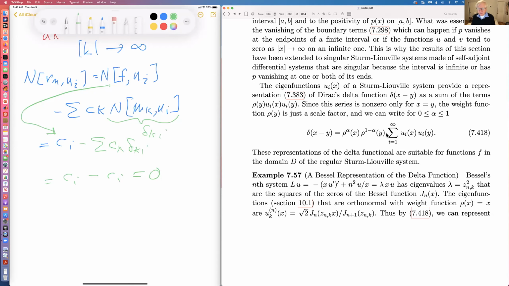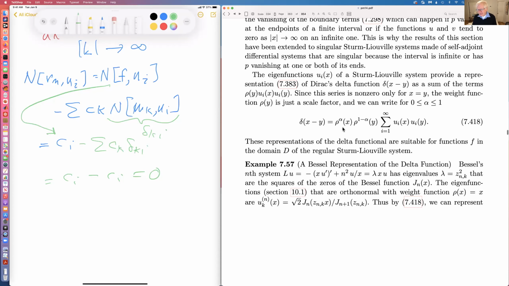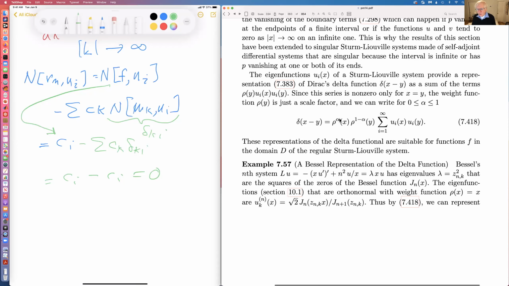When I worked it out a moment ago, the thing in parentheses I had as, I think, rho of y, but it could be rho of x, or it could be rho of x to the 1/2 power and rho of y to the 1/2 power. It doesn't matter: rho of x to the alpha and rho of y to the 1 minus alpha times the sum of the eigenfunctions gives you the delta function.